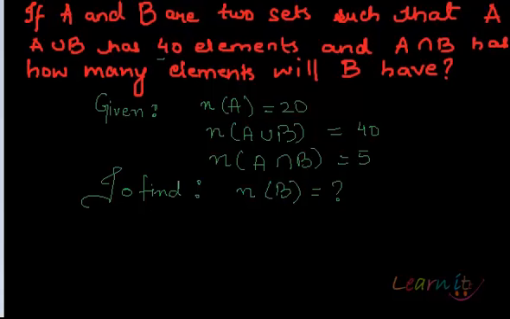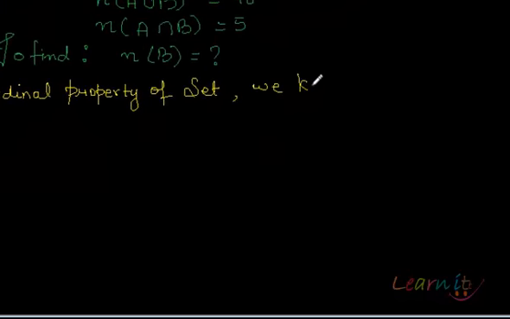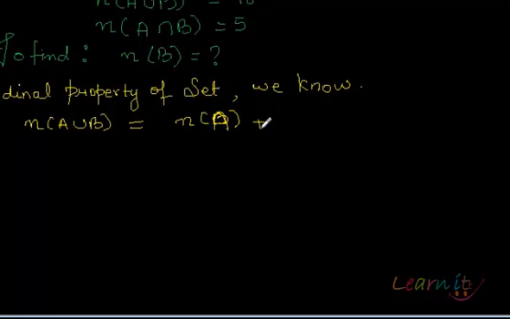By the cardinal property of sets, what do we know? We know that n(A union B) is equal to the number of elements individually, taking out the number of elements in the intersection.